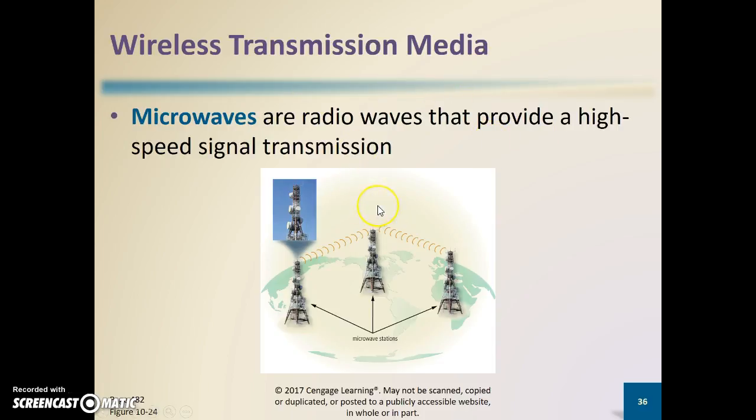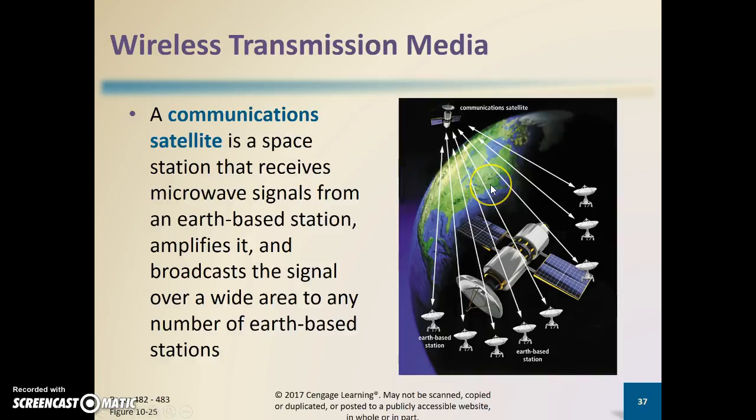And a microwave station is earth-based, and it's a reflective dish that contains an antenna and a transceiver, and it uses a line of sight to transmit data. So there has to be an opening in order for this to transmit data. So a lot of the locations are in wide open spaces like the desert, lakes, on mountains, very tall, maybe skyscraper buildings.